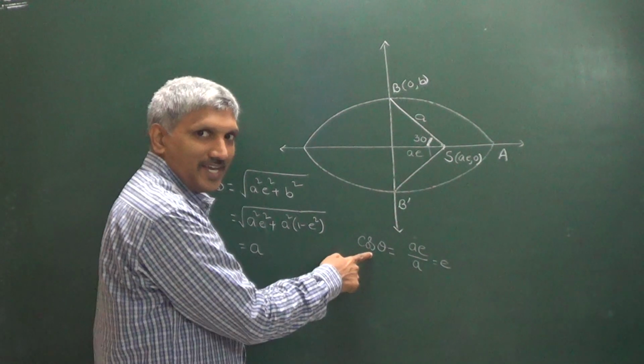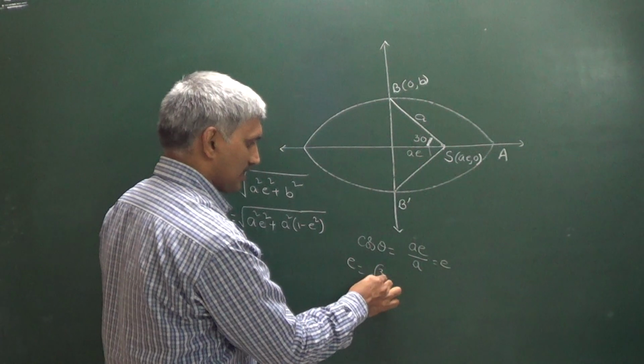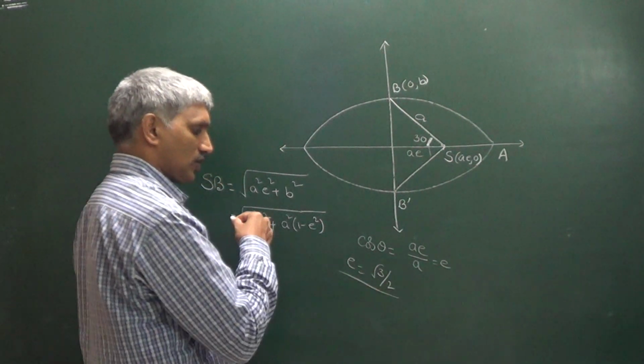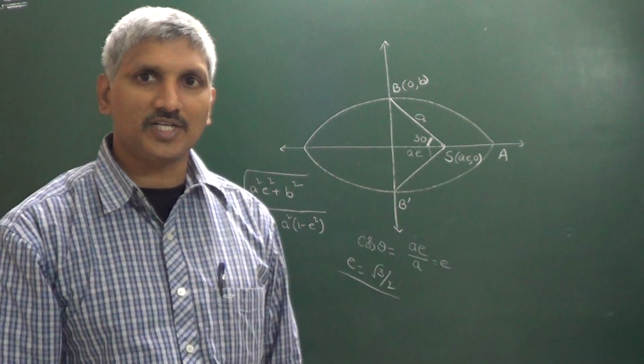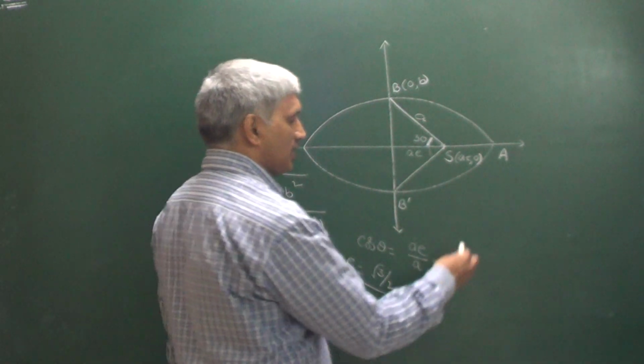So cos 30 is the eccentricity. In that case, e is equal to cos 30, that is equal to root 3 by 2.